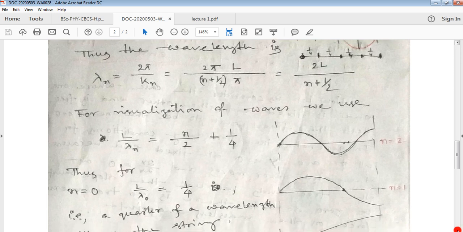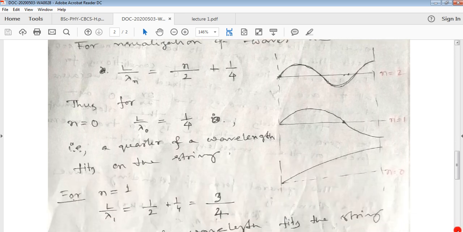Now this expression gives us how many wavelengths may be accommodated in the entire length of the string. So say for example n equal to 0, L by lambda 0 will be 1 by 4.